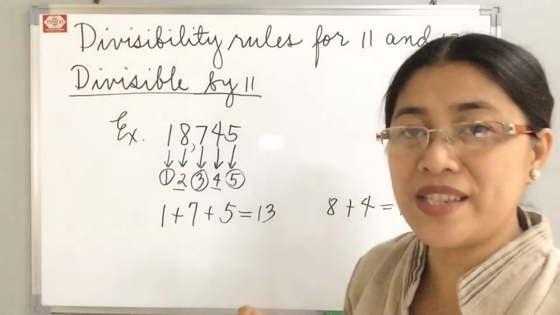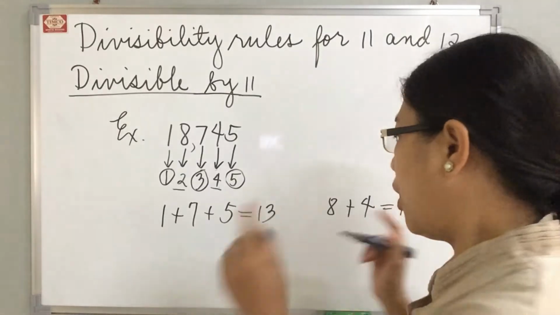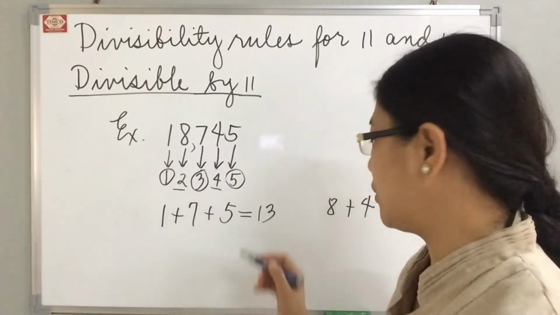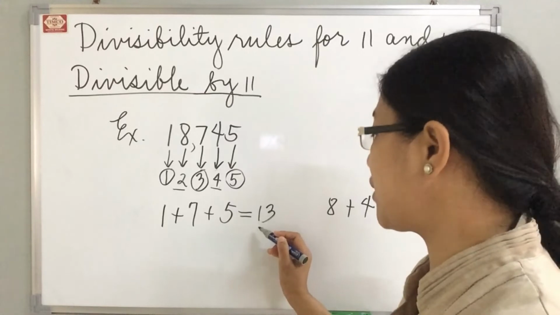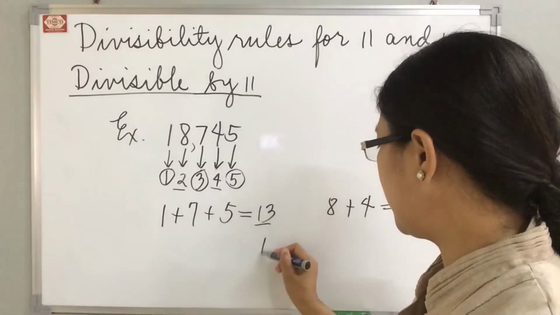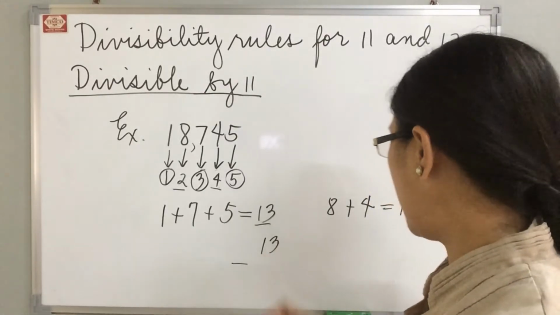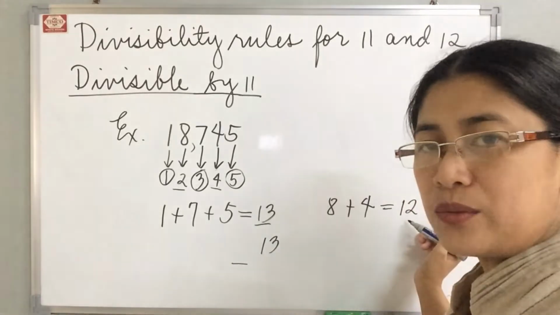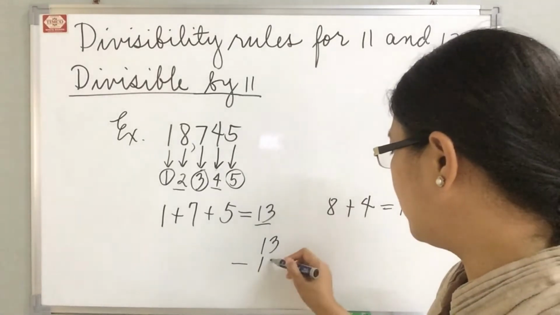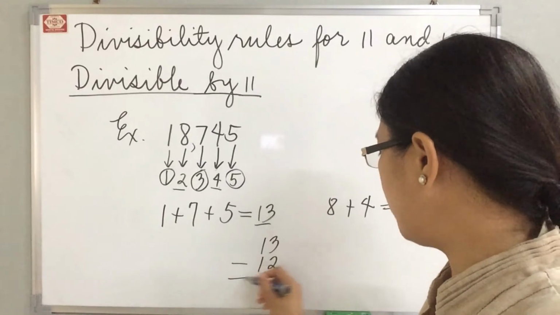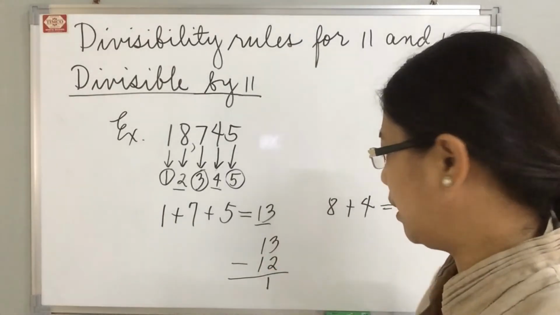And always get the difference of the two sums. So, the first sum is 13 minus the second sum, which is 12. So, 13 minus 12 is equal to 1.